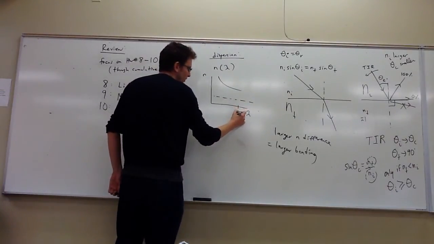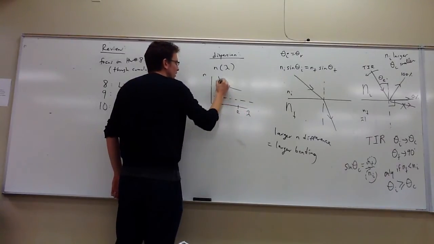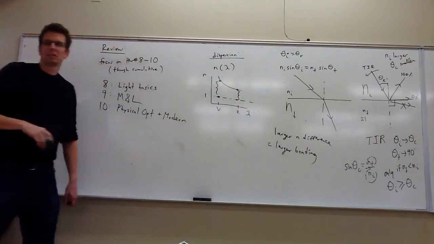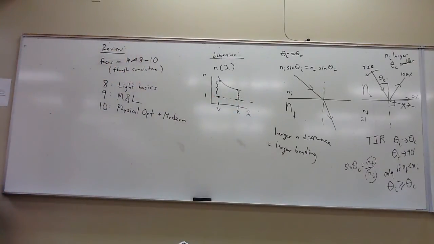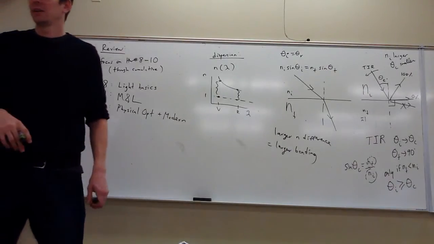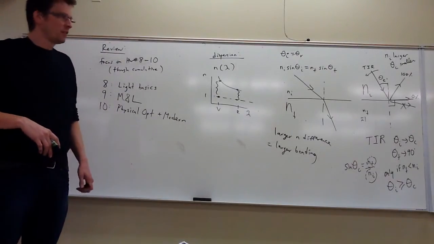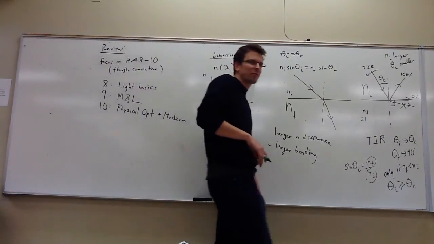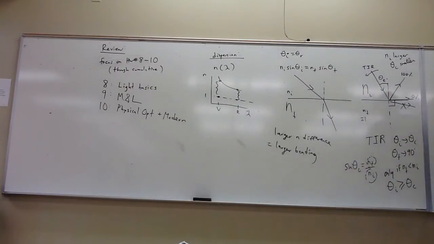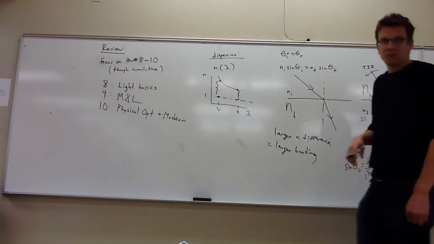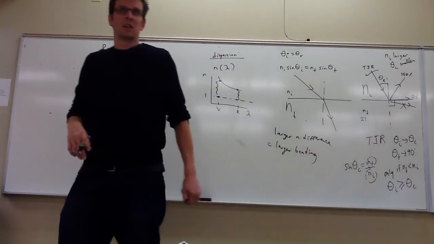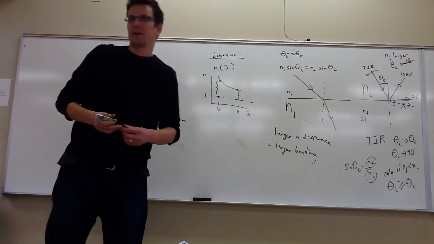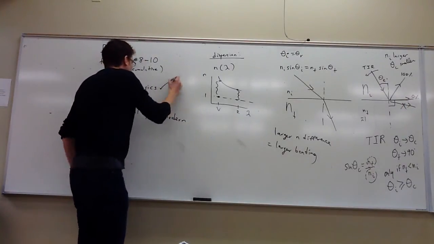So if you put in ROY G. BIV here, again, remember that compared to the baseline of 1, so if you're talking about entering a material from a vacuum or air, violet is going to see a much starker N change, and so it's going to bend more. So that's where the mnemonic comes from. Violet bends most violently. So remember that violet is going to bend more towards or away from the normal in any situation compared to red, which has much weaker changes in comparison. So that takes care of homework 8.